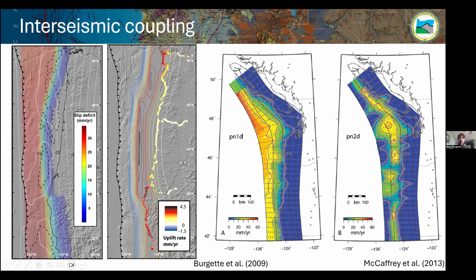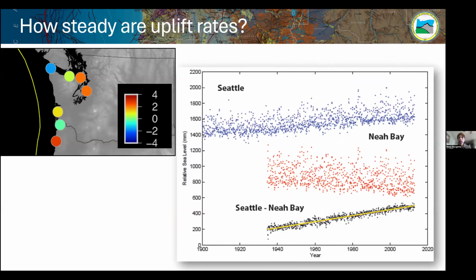These data have also been used by others, like this McCaffrey and others paper, in integrating with space geodetic deformation rates as well. At least at that time, the vertical deformation rates that we could get from these long historic records were better than the precision of space geodetic verticals.